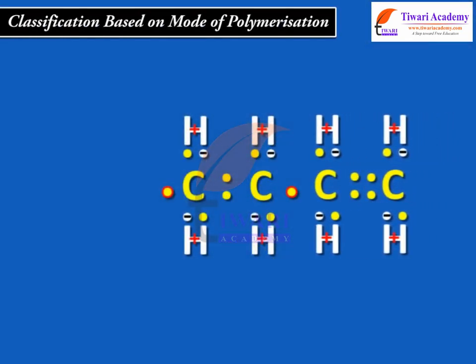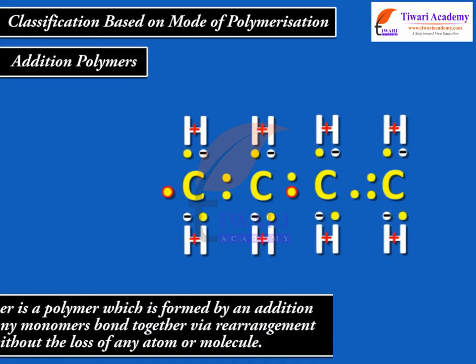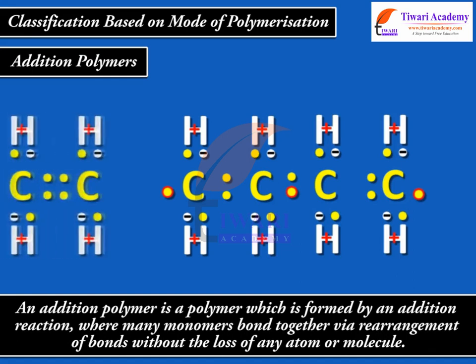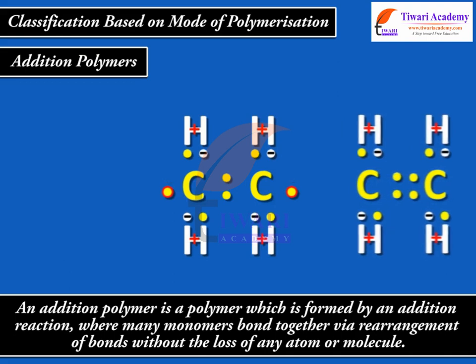Classification based on mode of polymerization. Addition polymers. An addition polymer is a polymer which is formed by an addition reaction where many monomers bond together via rearrangement of bonds without the loss of any atom or molecule.